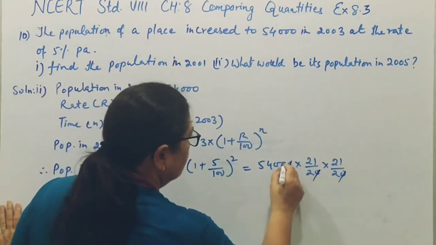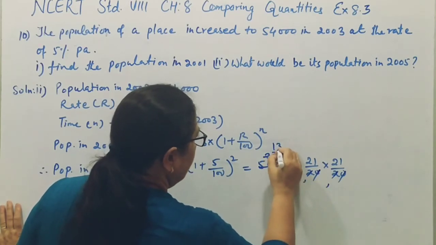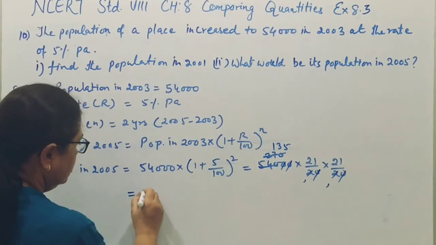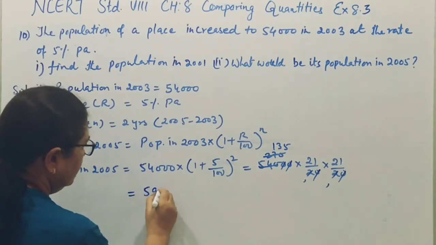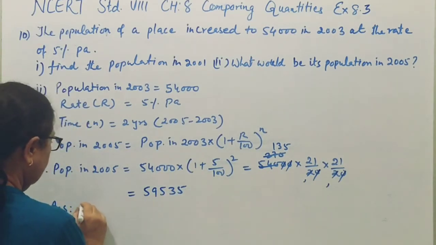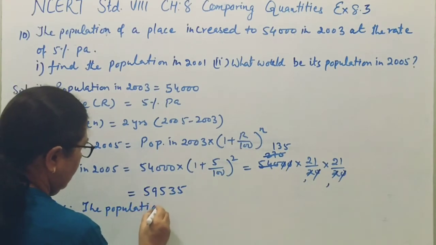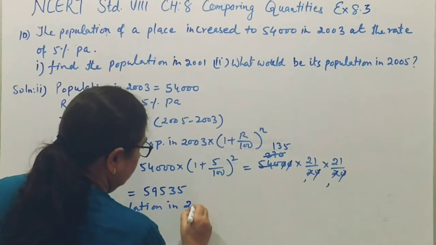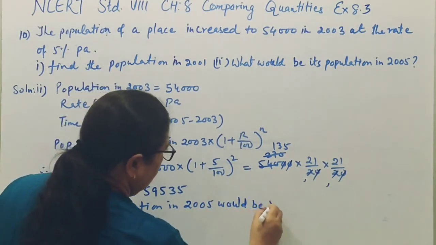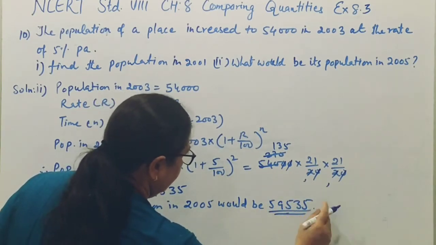So after cancellation, we get 135 into 21 into 21, which is equal to 59,535. Therefore, the answer is the population in 2005 would be 59,535.